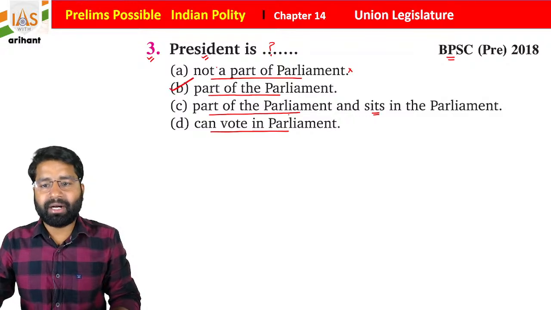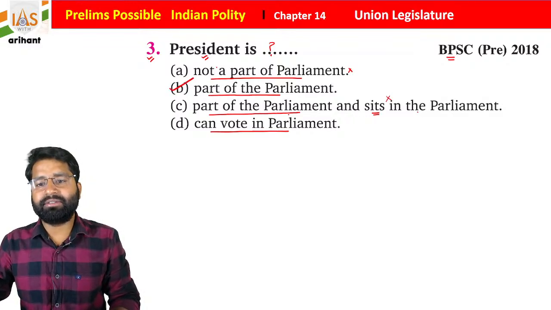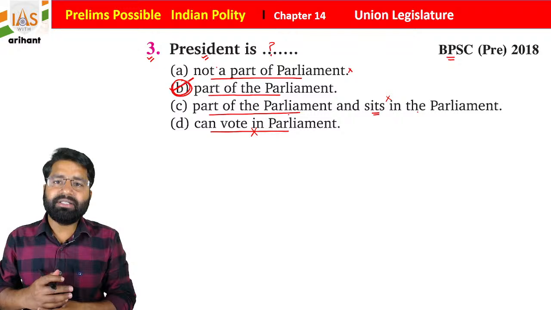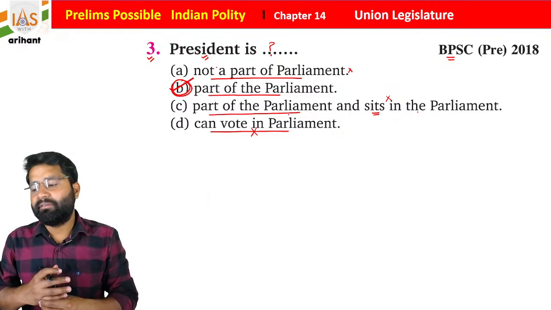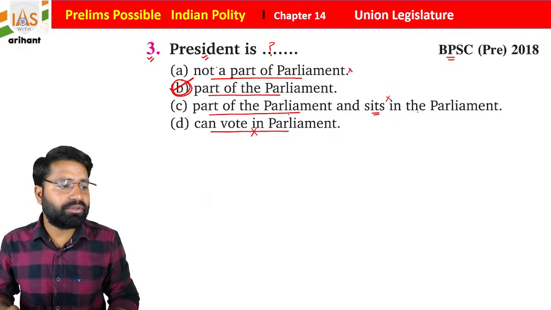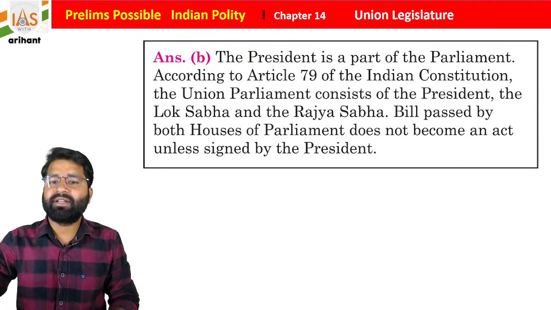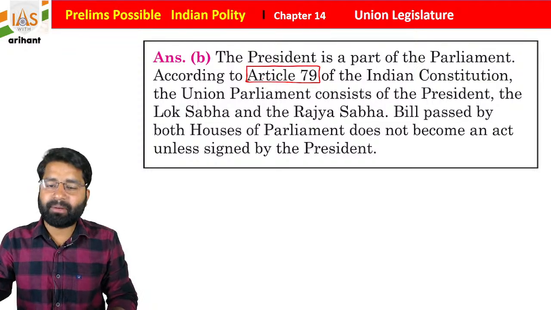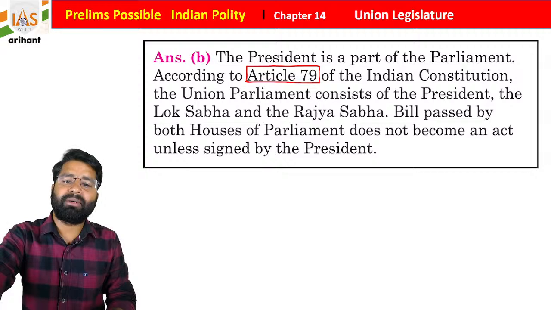Part of Parliament and sits in the Parliament, he can't sit. He can vote? No. So only B is the right answer. The President is part of Parliament because without the President's involvement, no bill is going to be converted into an act. We already discussed Article 79 of the Indian Constitution: the Union Parliament consists of the President, Lok Sabha and Rajya Sabha.